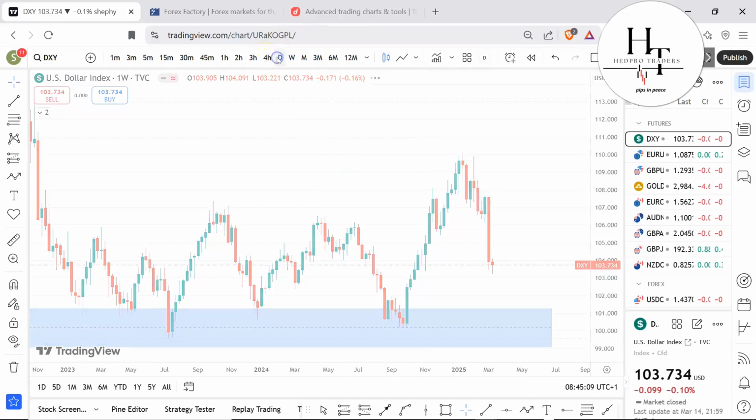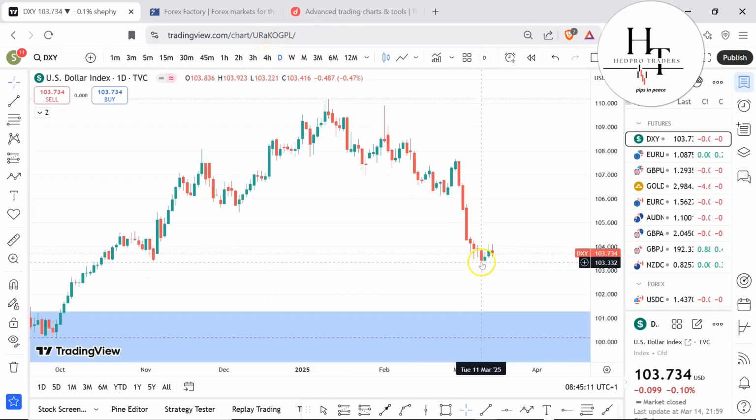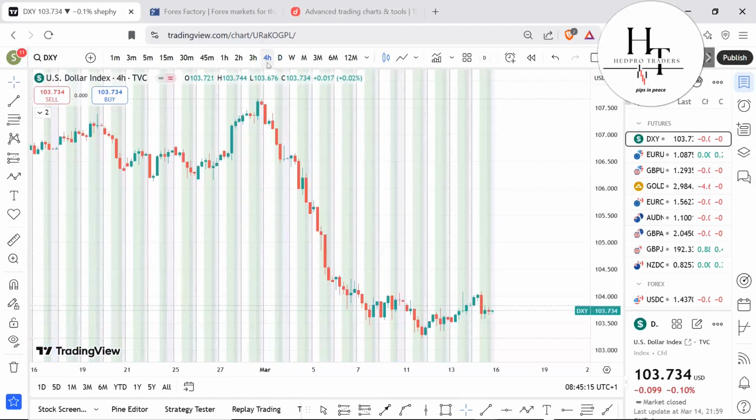Let me quickly look at the daily charts, then the 4-hour charts. So price is not really doing anything, so let the trading week start and we'll see how price will react around that zone. So that will determine if we'll be buying or selling the EURUSD or the GBPUSD.